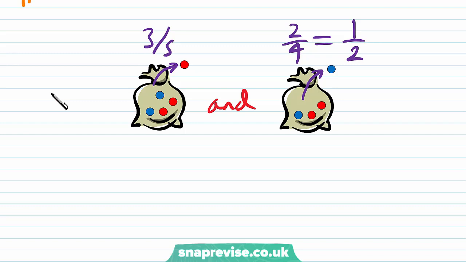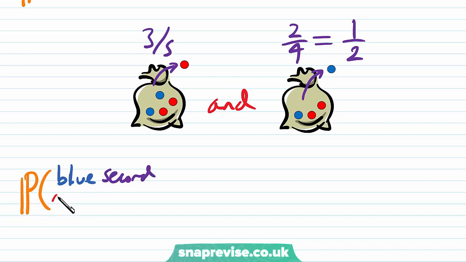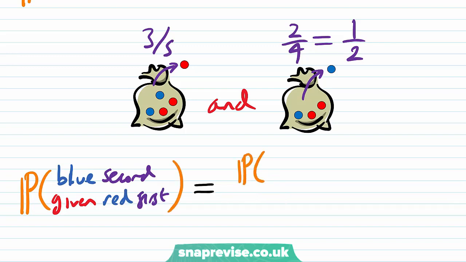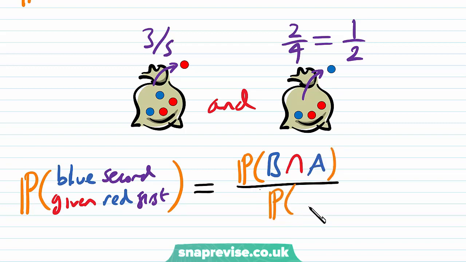This is because we've specifically considered one individual case, and therefore we can calculate the probability of blue occurring second, given that red occurs first. Again, the formula is the probability of B intersected with A divided by the probability of the event A occurring, and by independence, the probability of B intersected with A is just these two probabilities, 3/5 and 1/2 multiplied together.